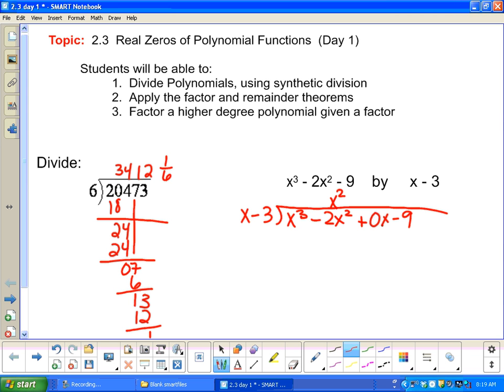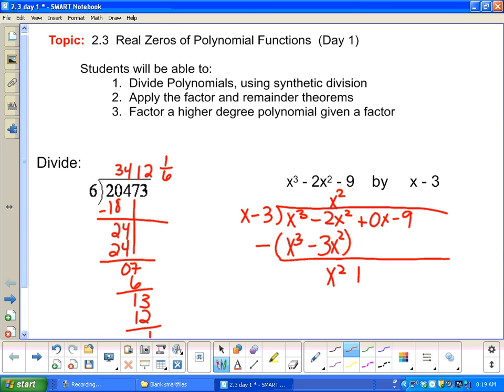So now multiply by distribution. X cubed minus 3x squared. Well, what was the next step in long division? Next step was subtraction. So I subtract this whole thing. X cubed minus x cubed is 0. Negative 2 minus negative, so that just leaves me with an x squared.